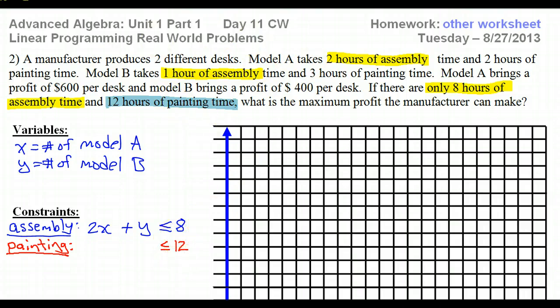So now I'm going to scan through the problem looking for every mention of painting time. Model A takes 2 hours of painting time. And I'll just leave it blue because we know that that's painting time. And model B takes 3 hours of painting time. So that's 2x plus 3y.